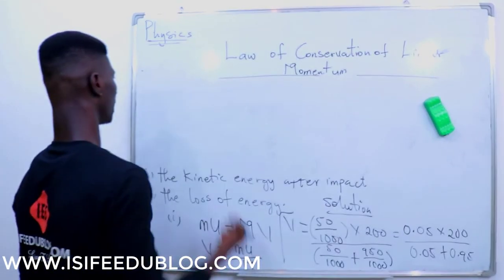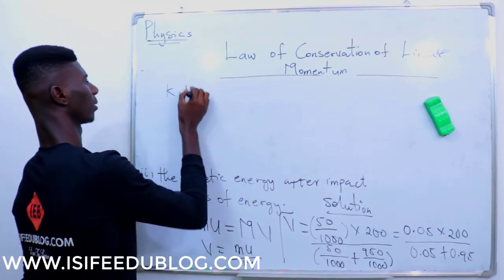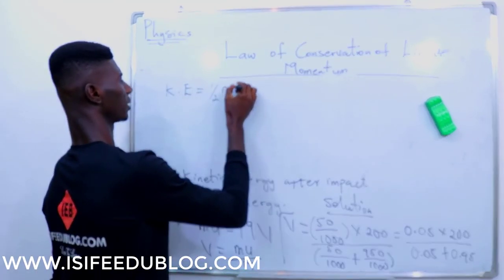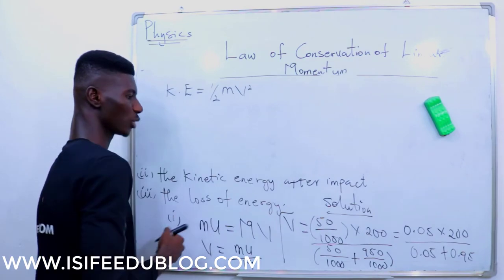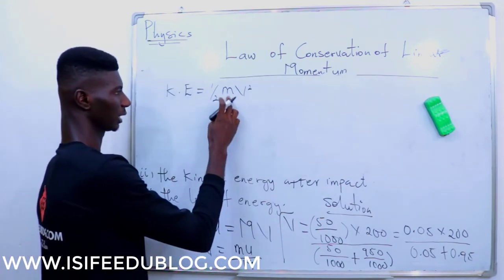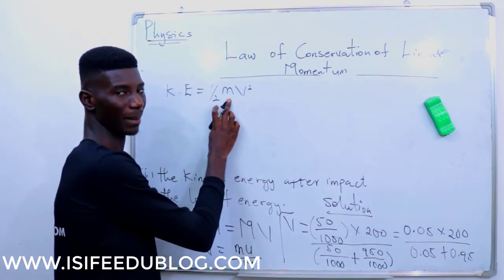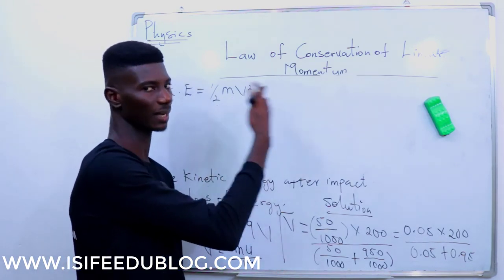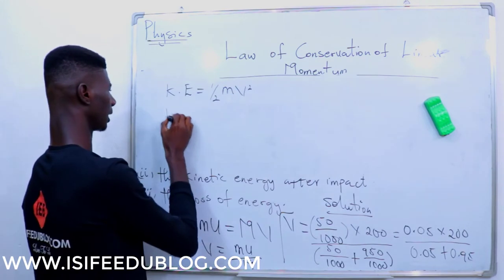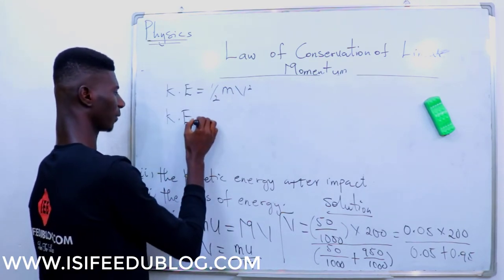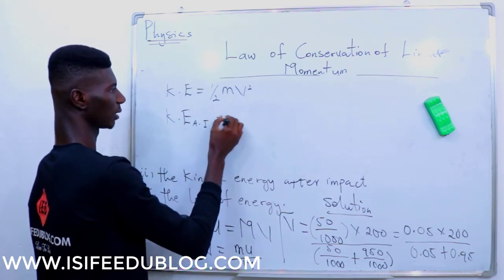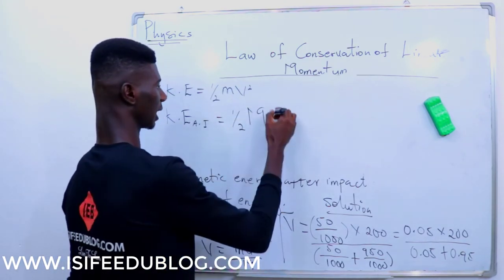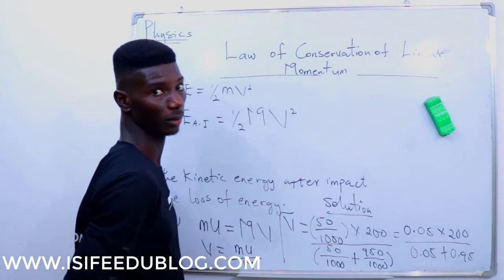Remember, kinetic energy is half mv squared. But in this case, we are talking about after the impact. So the mass we are making use of is the mass after the impact, and the velocity we are making use of is the velocity after the impact. Therefore, the kinetic energy after impact is half capital M times the common velocity squared.